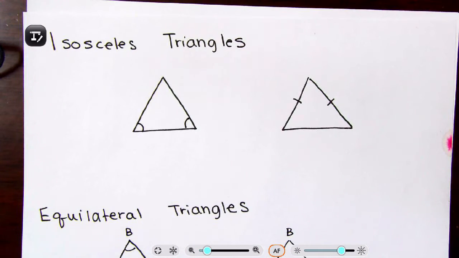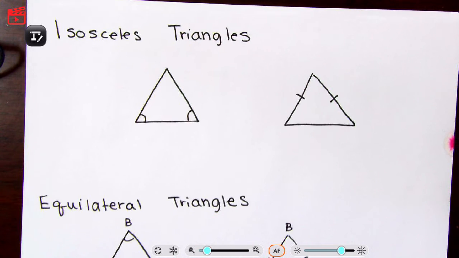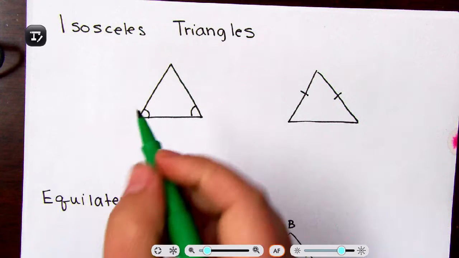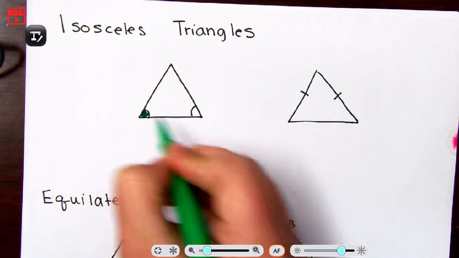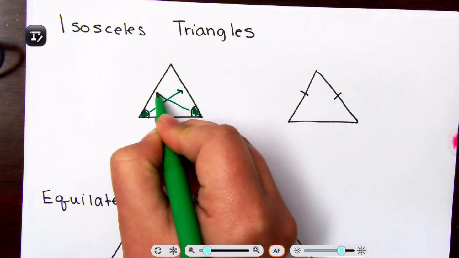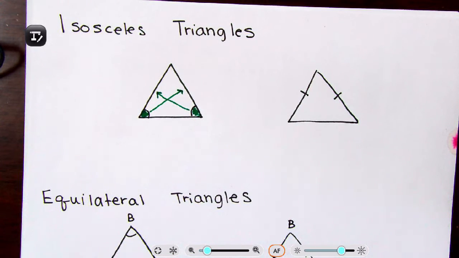All right, isosceles triangle. So isosceles triangle is pretty cool. And that says if you have a triangle and you have angles that are congruent, this guy and this guy, that means that the opposite sides of those angles are also congruent.